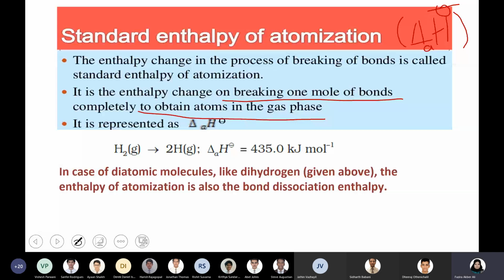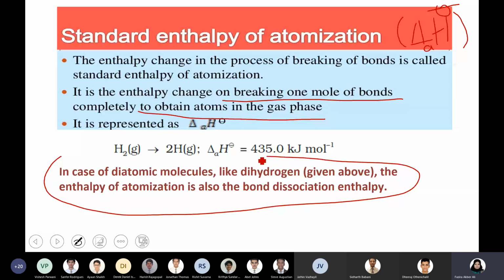The first point about the enthalpy of atomization is that in the case of a diatomic molecule, the enthalpy of atomization is equal to its bond dissociation enthalpy. Because there are only 2 atoms in a diatomic molecule, breaking the bond is equal to converting them into atomic form.